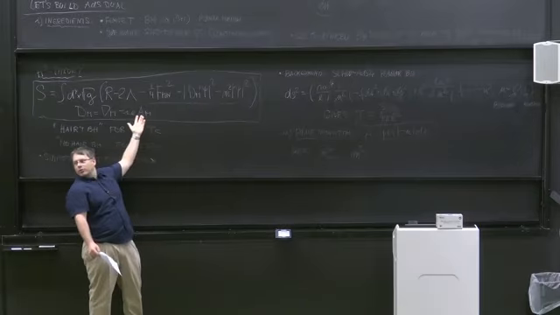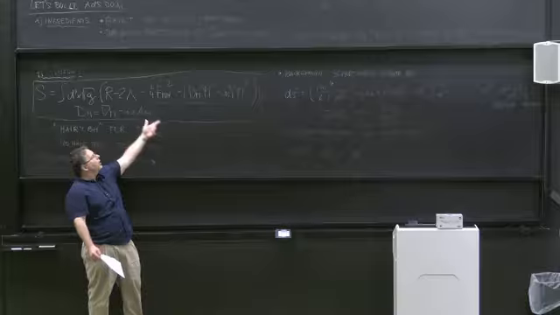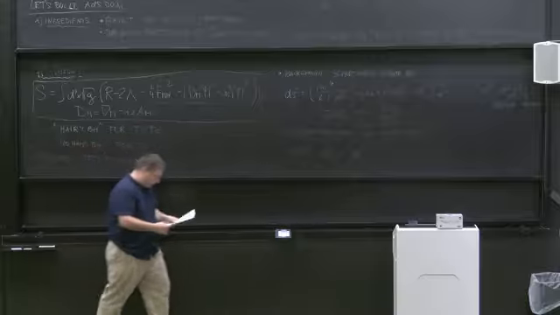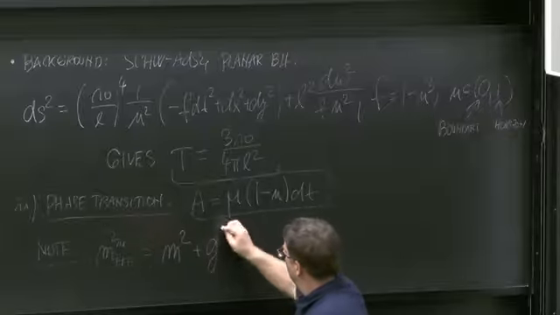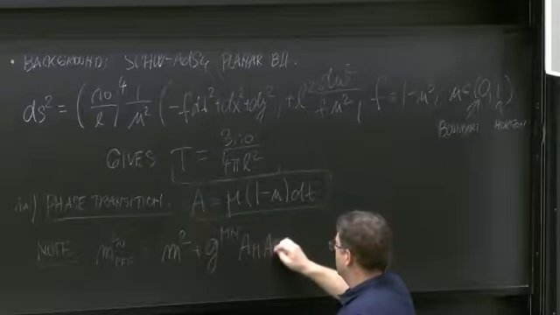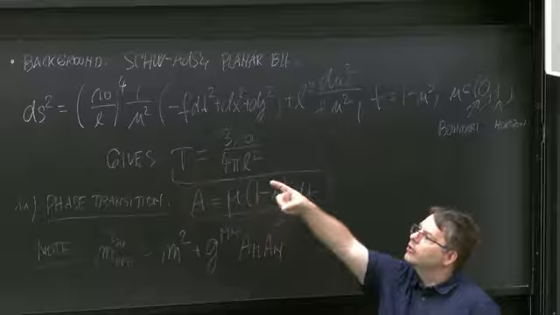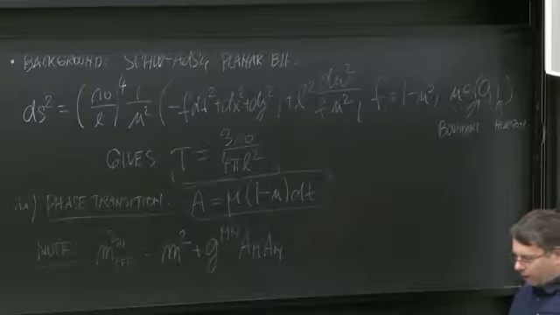So A mu squared gives you a correction to that mass, the psi squared term, so it's plus g mn A m A n. That's your correction due to the non-minimal coupling.